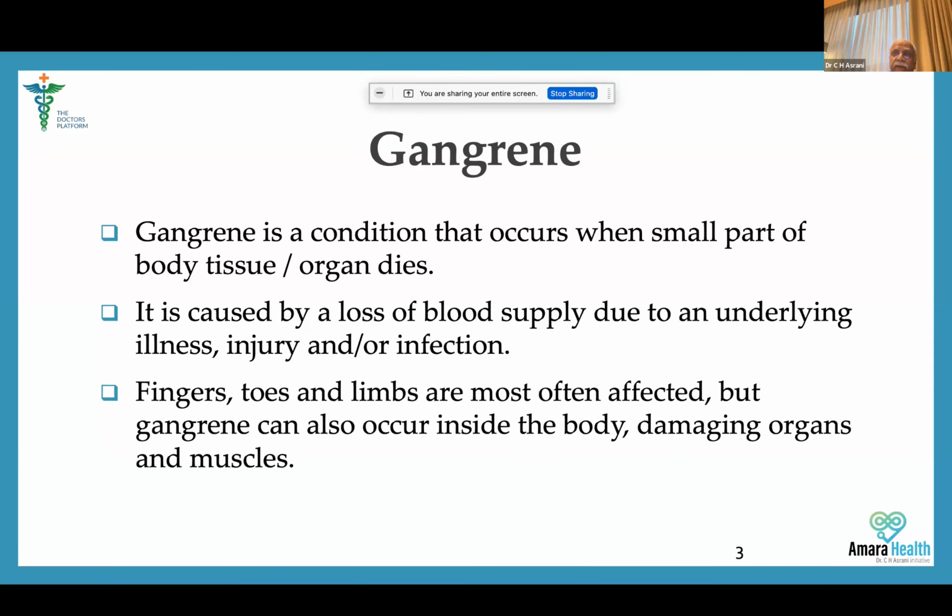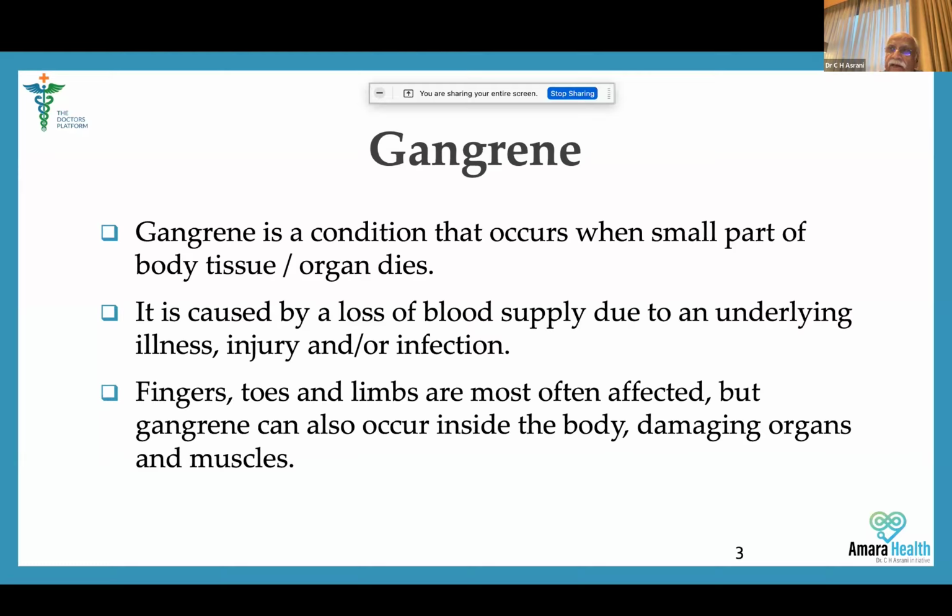Fingers, toes, and limbs are most often affected. Gangrene can also occur inside the body, damaging organs and rarely muscles. What are the commonest organs being affected? Intestine. Mesenteric artery thrombosis can give intestinal gangrene, part of the intestine gangrene.